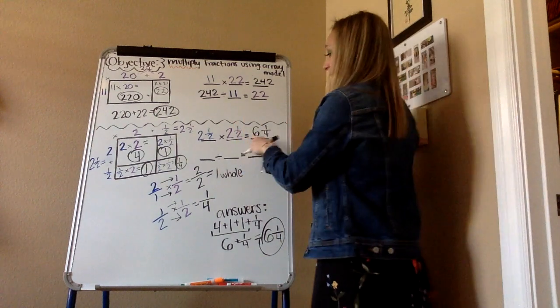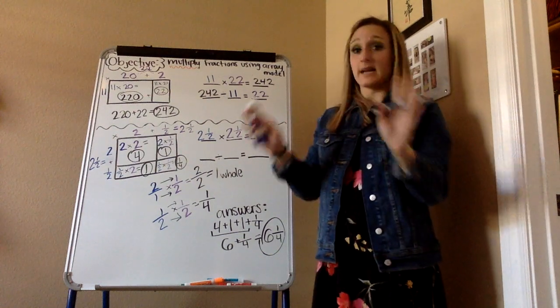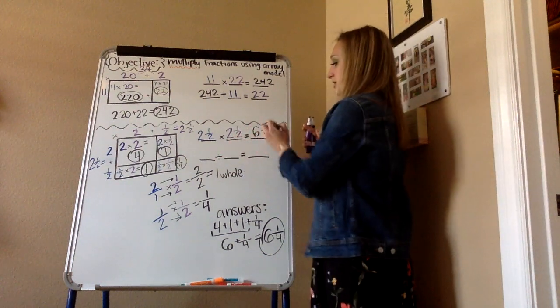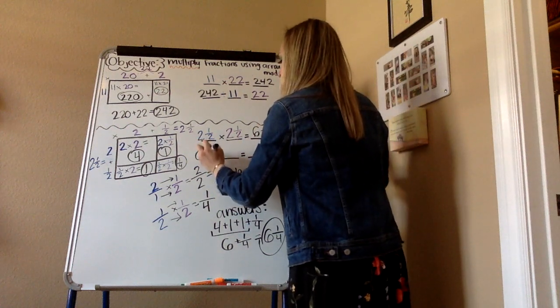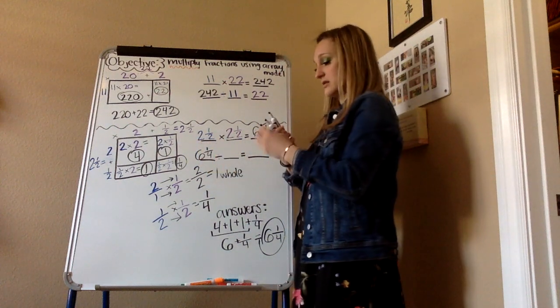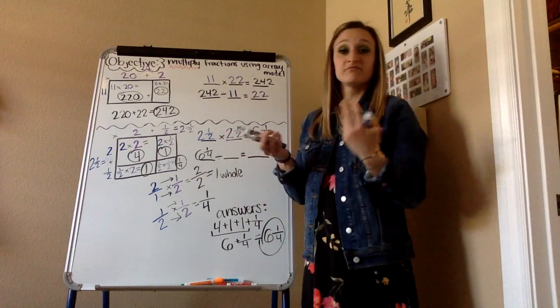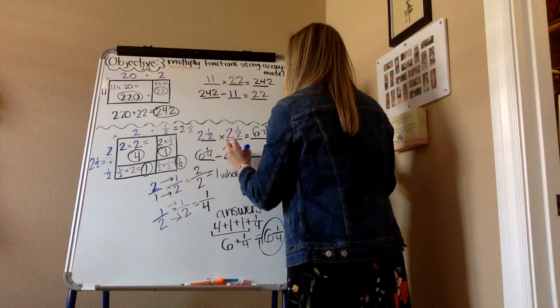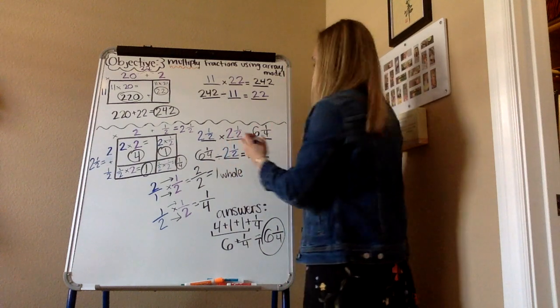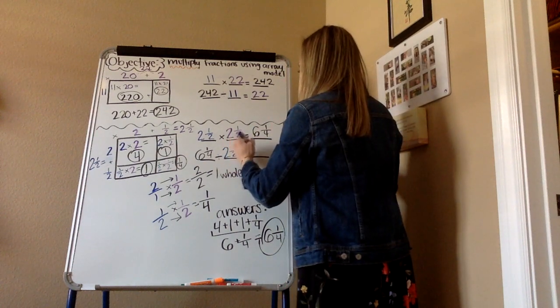Great. Now to flip this into a division problem, it's the exact same numbers. All you're doing is starting with the answer. So 6 and 1/4 divided by, you can choose either one. They're the same number. 2 and 1/2 equals 2 and 1/2.